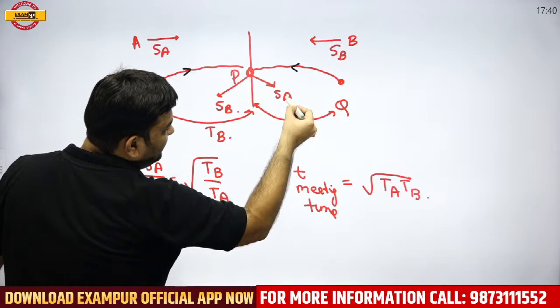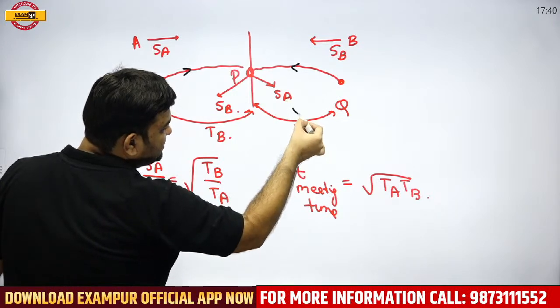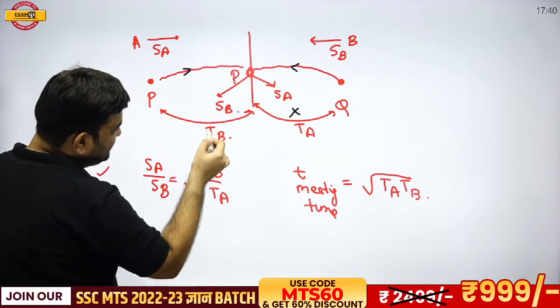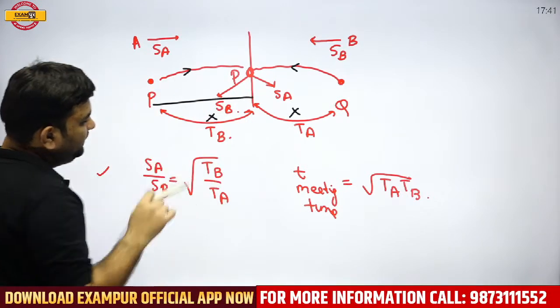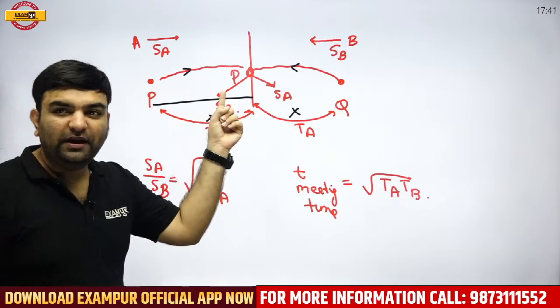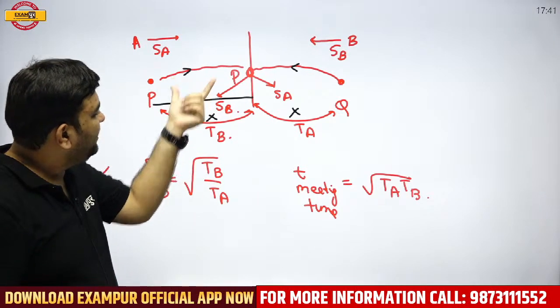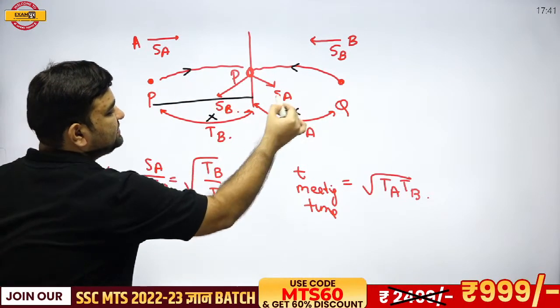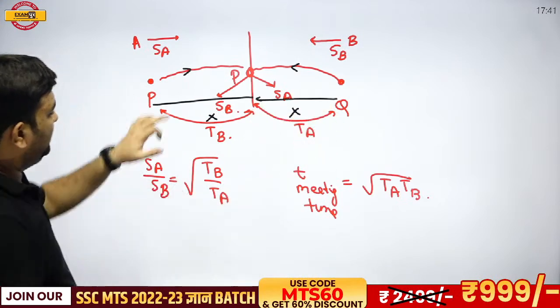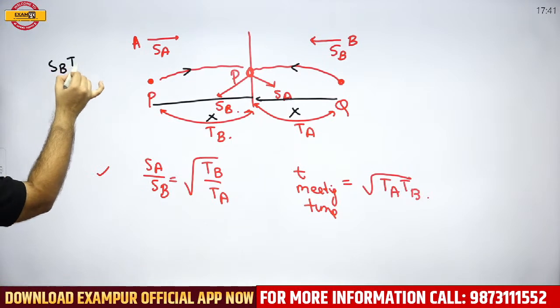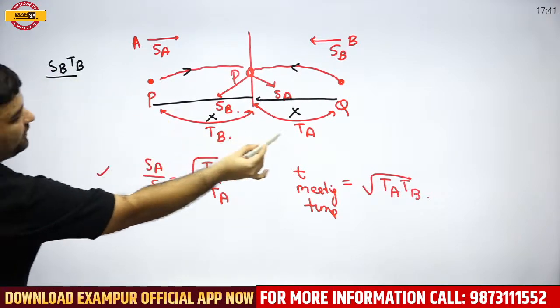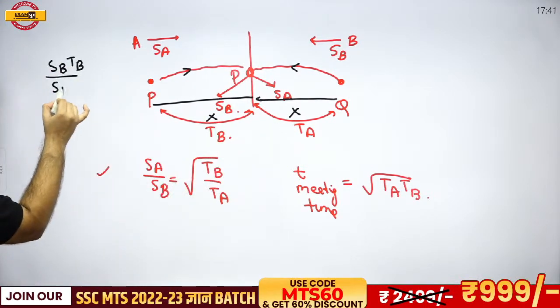What was this distance? SA covered in TA minutes, so SA into TA. And what is this distance? SB into TB. When they were meeting for the first time, the distance covered by A was SA into TA, and the distance covered by B was SB into TB.